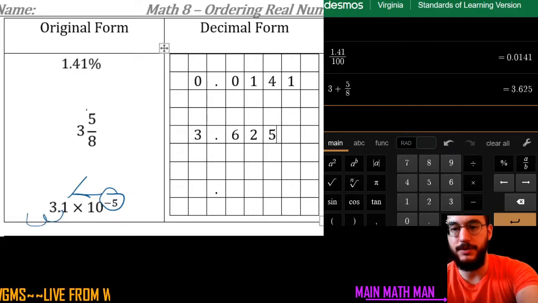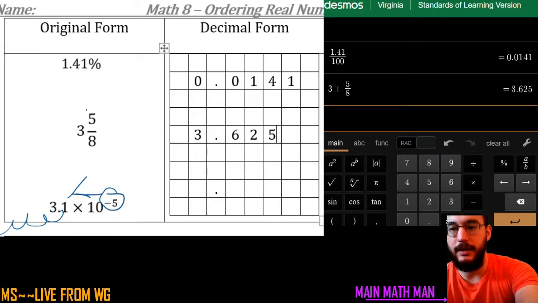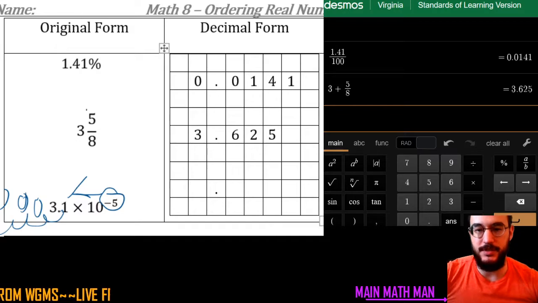So I do 1, 2, 3, 4, 5. That kind of gets sloppy, but if it's on paper, it's a little bit easier to see. I'd fill in those spaces with zeros, like you see, and I have my values. So it kind of gets a little bit rough there.